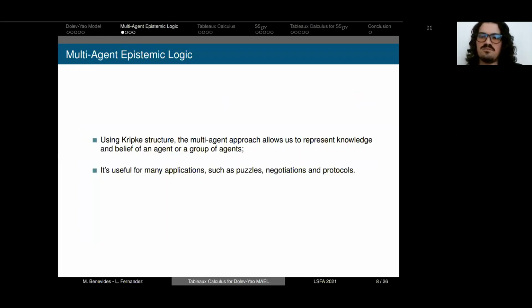Now, talking about multi-agent epistemic logic, this logic will help us to represent the knowledge of different agents and the evolution of the system. So we are trying here to use it in a communication protocol.